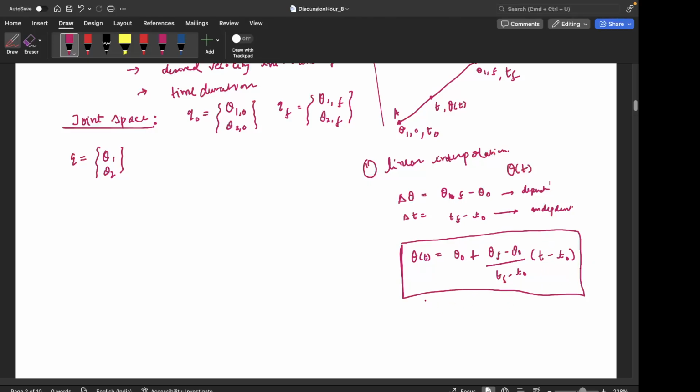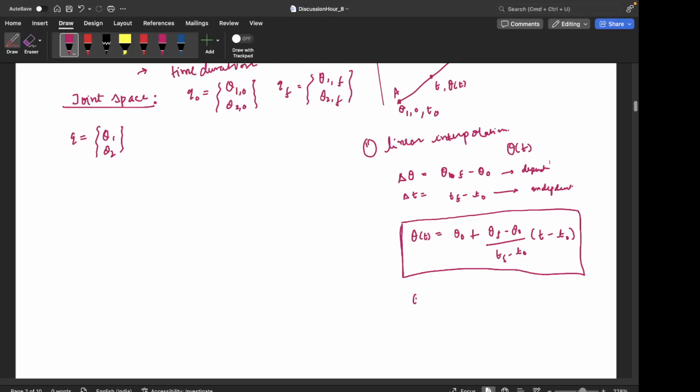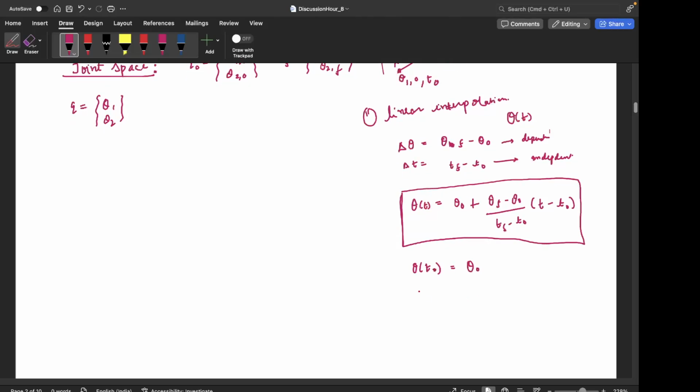You can check the boundary conditions. At t0, t minus t0 becomes 0, so theta t0 is in fact theta 0, as we want. And at tf, tf minus t0 cancels out, so it is theta 0 plus theta f minus theta 0, which is theta f.